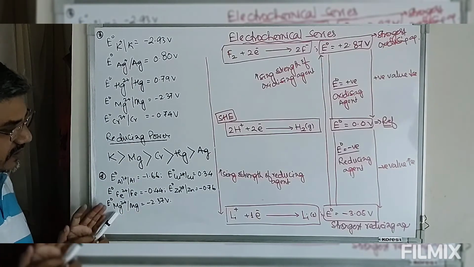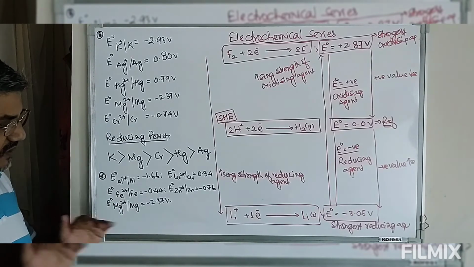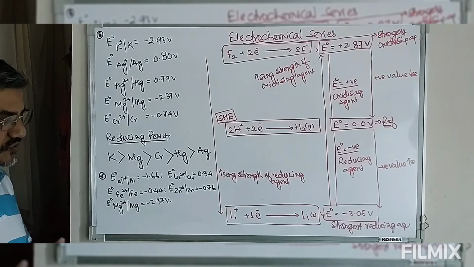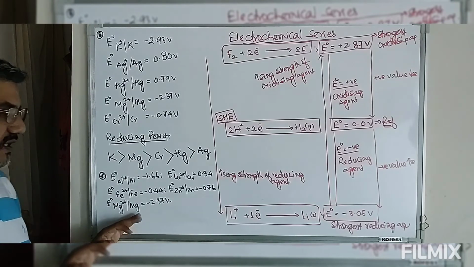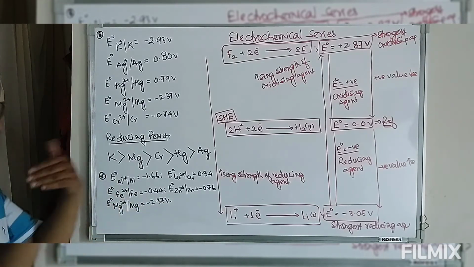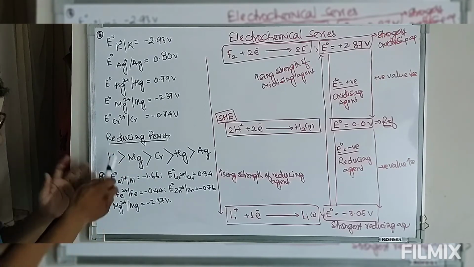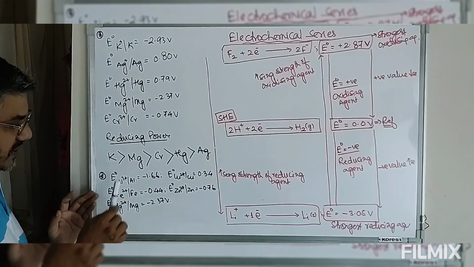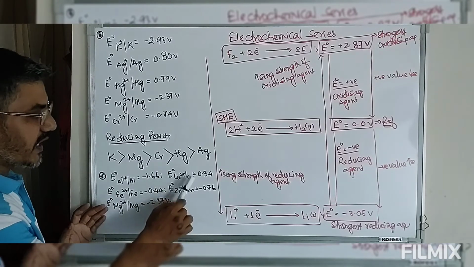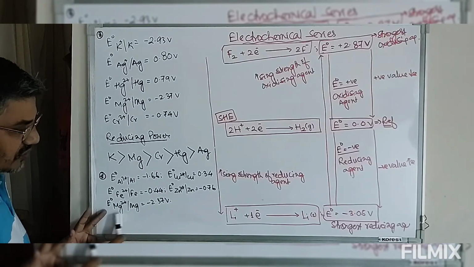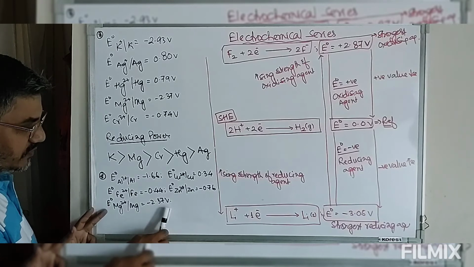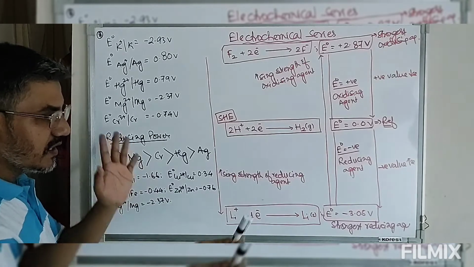So the one with the largest negative reduction potential will be the strongest reducing agent. So that metal can reduce the other metal ions in the solution. Out of these given elements, the reduction potential of magnesium is the largest negative value. So magnesium is the strongest reducing agent.